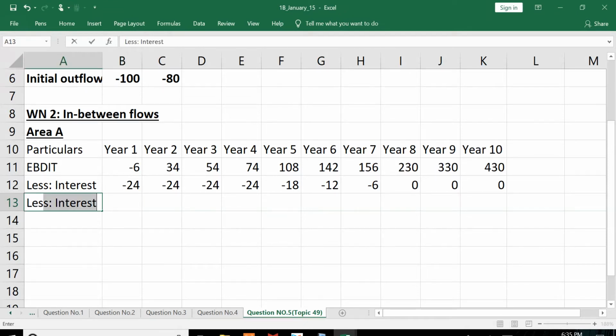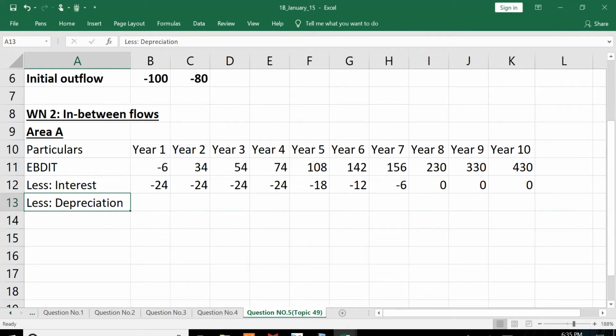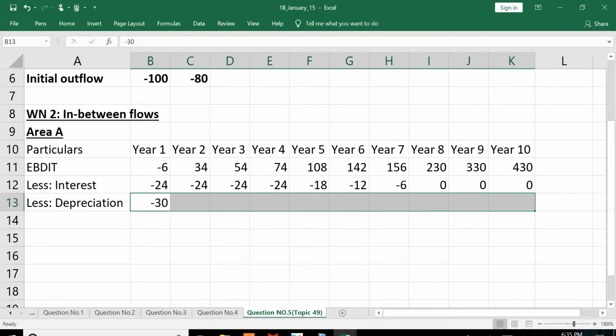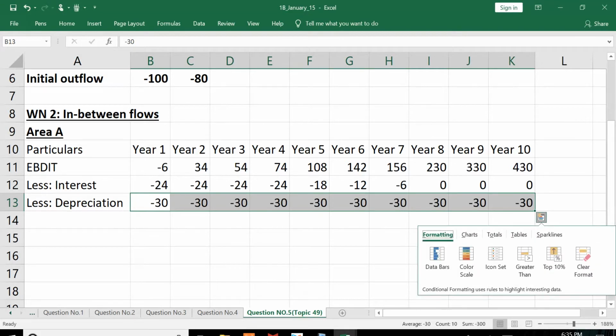Less depreciation. Principal part will not be written now; that will come after tax. Depreciation is how much? SLM, 30. On a 300 lakh asset, depreciation is 30.